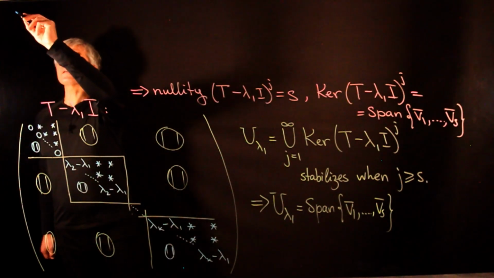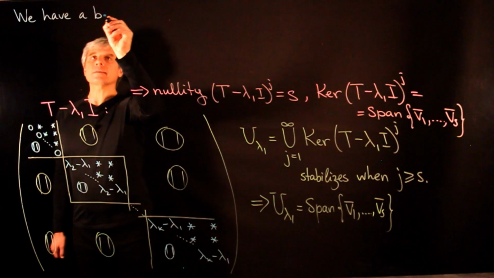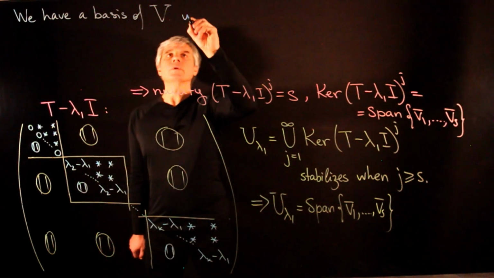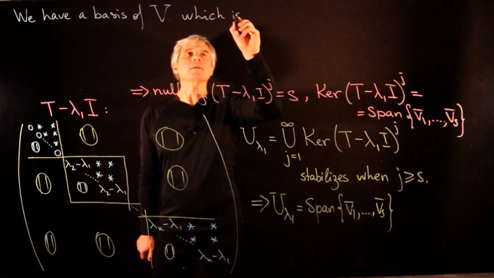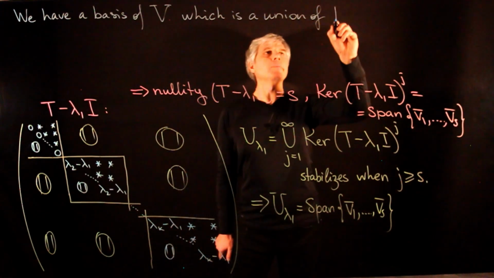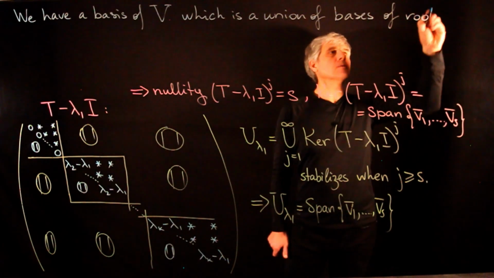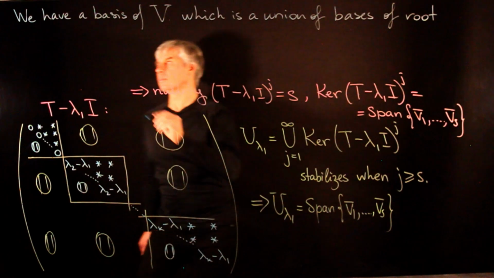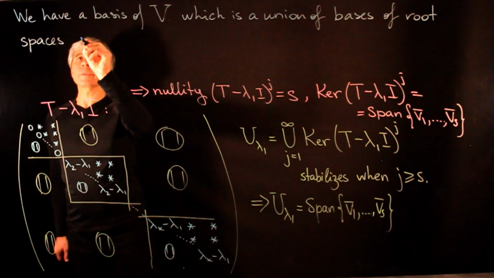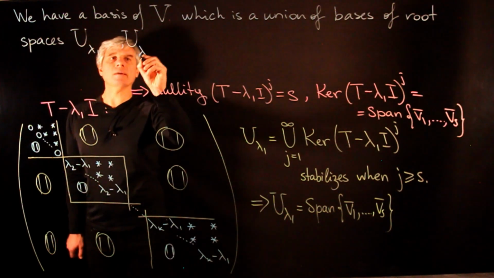And what we see is that we have a basis of V, which is a union of bases of root spaces U lambda 1 through U lambda k.